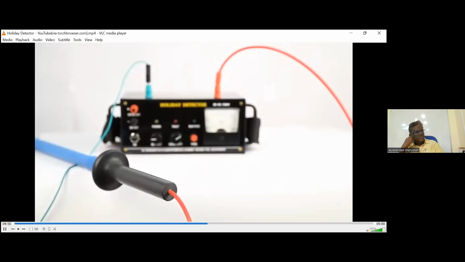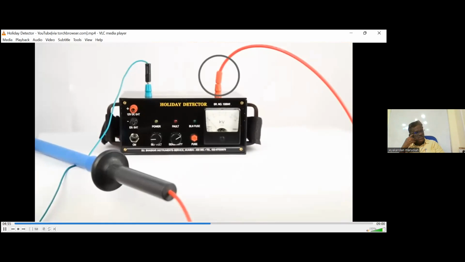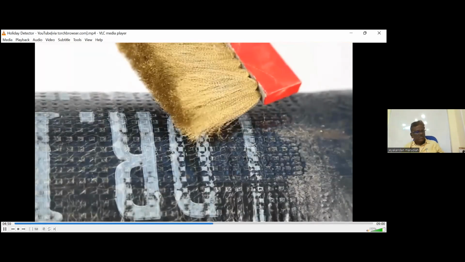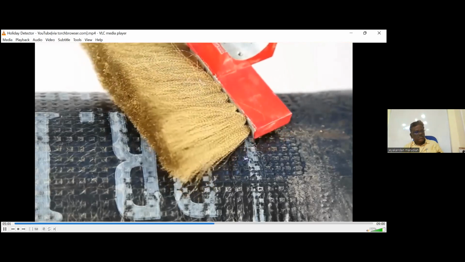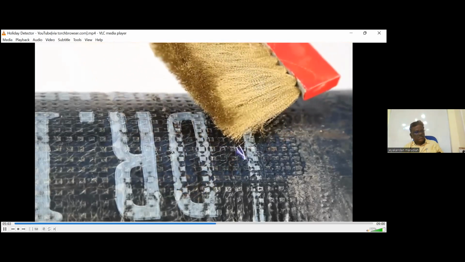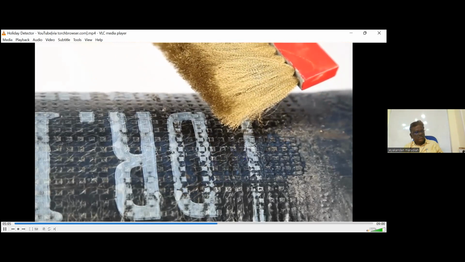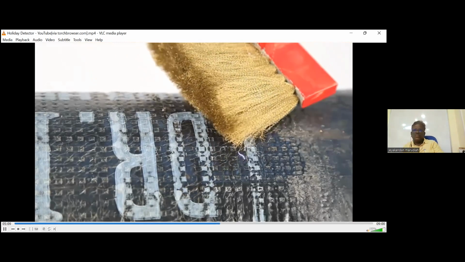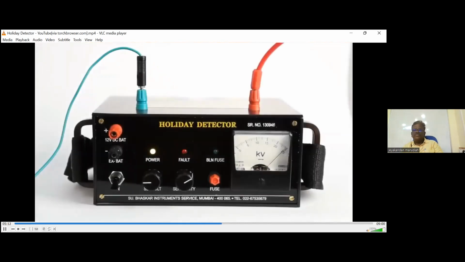The banana plug is inserted to make connection to the PHD terminal on the instrument's back panel. Now, move the brush over the surface of the insulated pipe. As you can see, the holiday detector has detected a spot where the insulation is damaged. It creates an arc at the respective spot and runs the alarm as an indication.